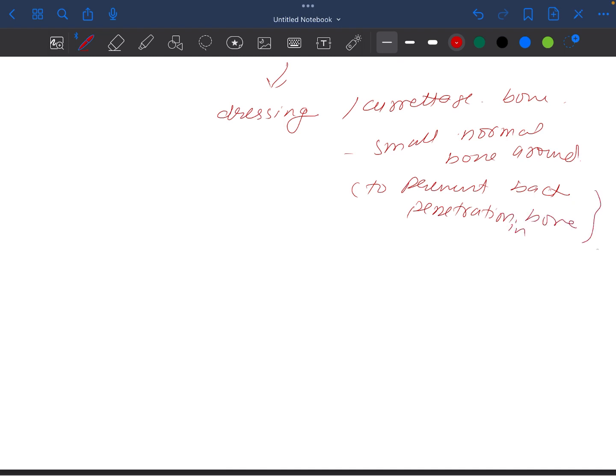Correct. After you do the proper curettage, you wash it out with normal saline, you flush it with normal saline and betadine, or basically povidone iodine solution. Correct.